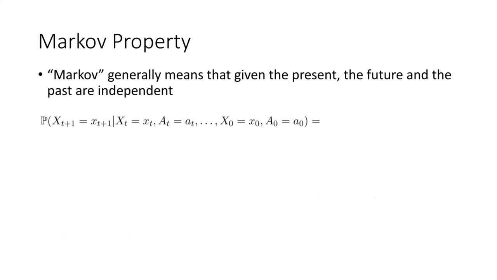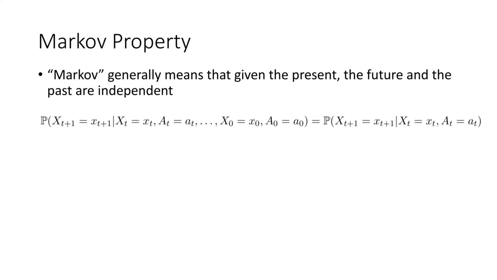A Markov property generally means that given the present, the future and the past are independent. What do we mean by that? Consider the probability that the next state is small x t plus 1, given the entire history starting from time step 0, state at time step 0, action at time step 0, all the way up to state at time t and action at time t. If a system has the Markov property, it essentially means that the history is not really relevant.